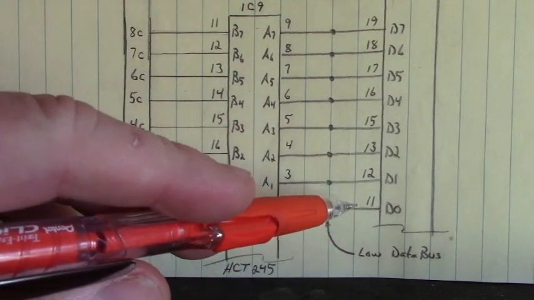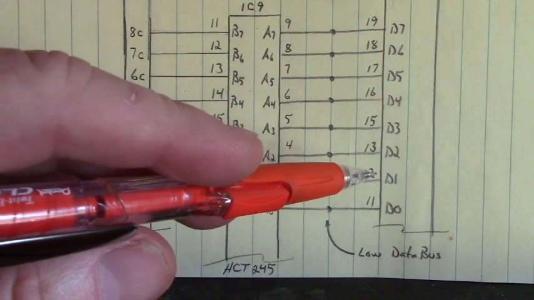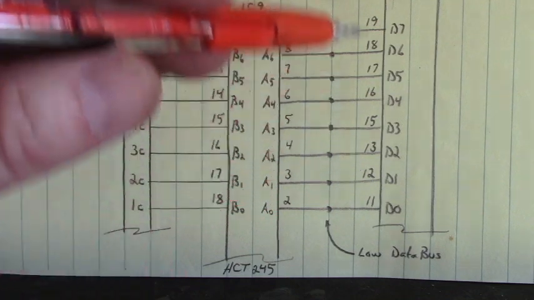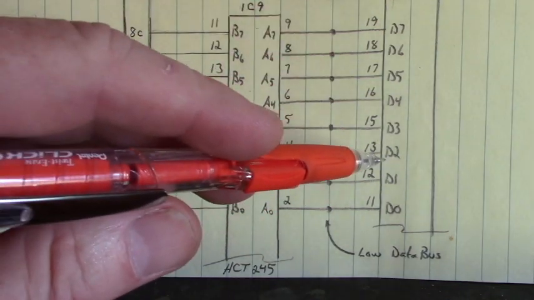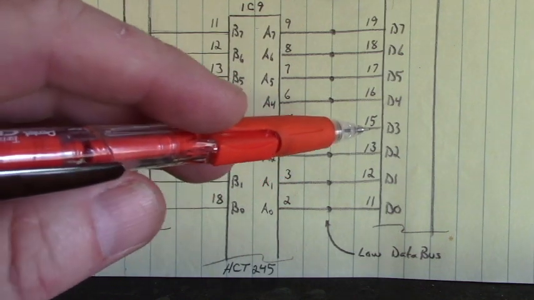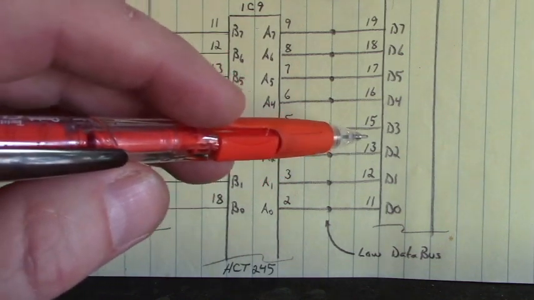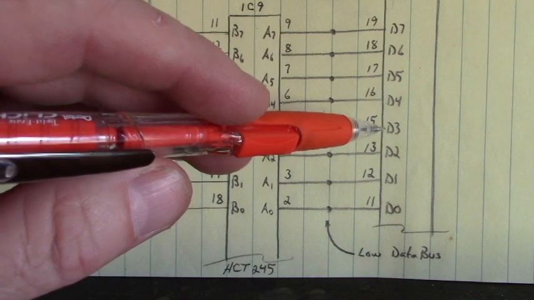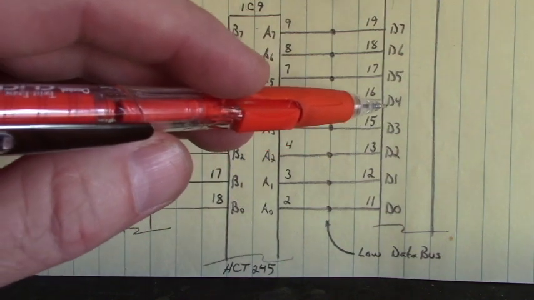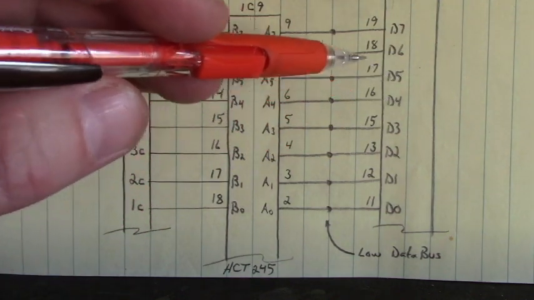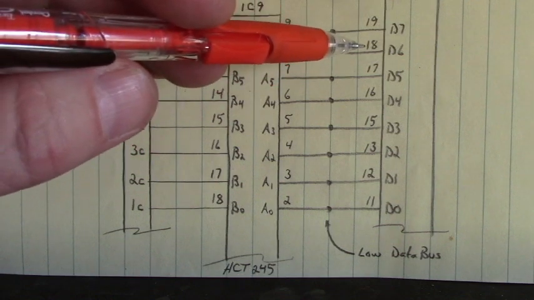Data bit 0 is on 11, data bit 1 on 12. Now here's how it should be. Data bit 2 is on 13, 14 is ground, so we have to skip around to the other side. Data bit 3 is 15, data bit 4 16, data bit 5 17, data bit 6 is 18, and data bit 7 is 19.